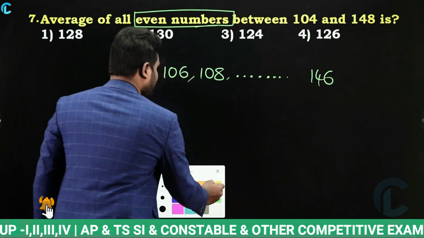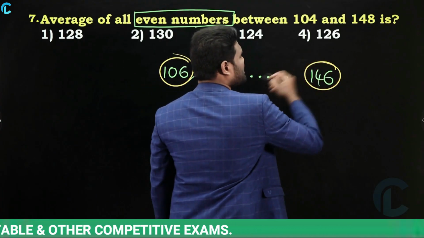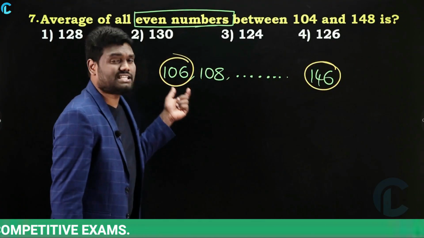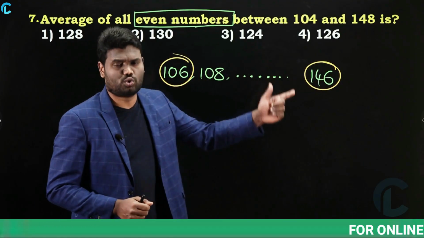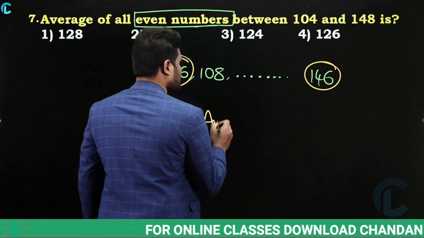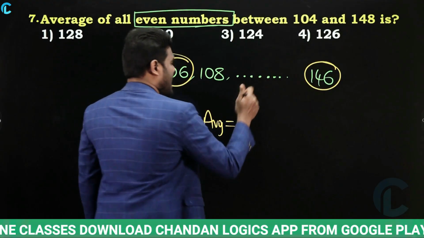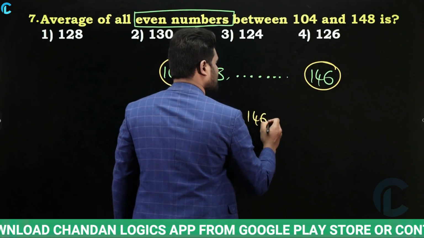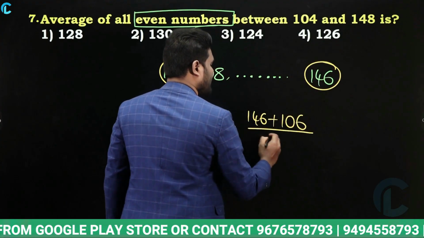Now if you observe here, the lowest number is 106, the highest number is 146, and the given series is in arithmetic progression. Why? Because the difference is 2, 2, 2, 2, 2. As it is in arithmetic progression, the average is nothing but the highest number plus the lowest number divided by 2. Highest number 146 plus lowest number 106, divided by 2.